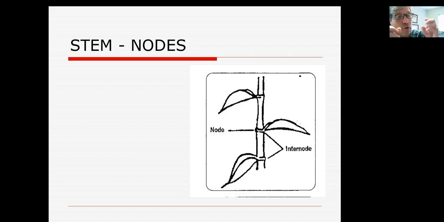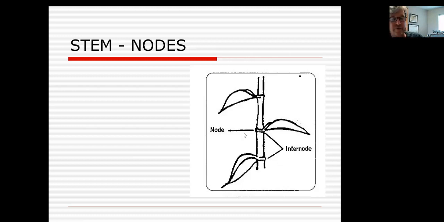Just like grass, if you have a long runner of grass, it has these little segments on it. You look at a corn plant, or a Dracaena, that tropical plant we sometimes call corn plant. Each one of those spots, where a leaf is attached, is a node. So I think this is a monocot. It's hard to say, because it's a pretty simple drawing.